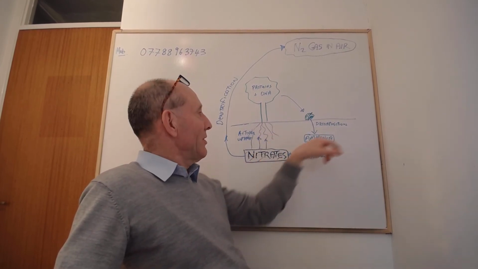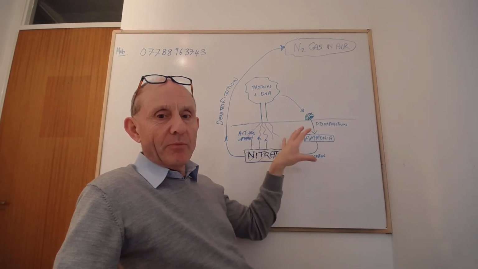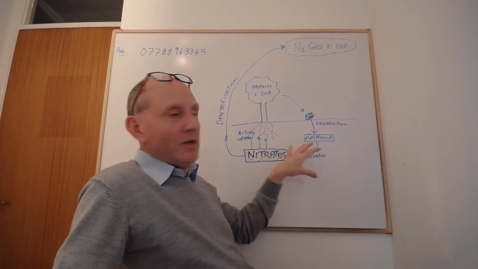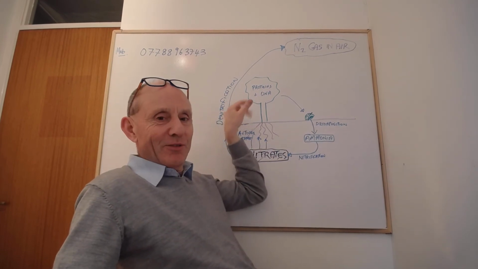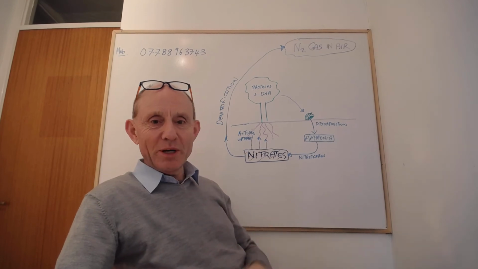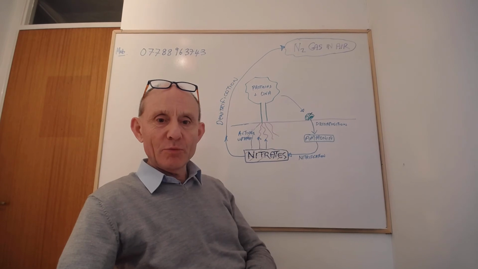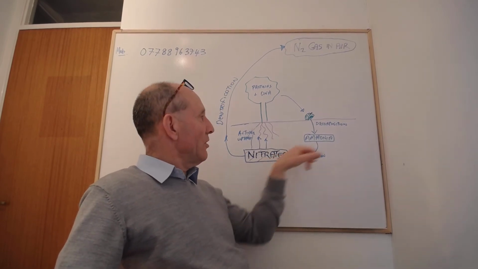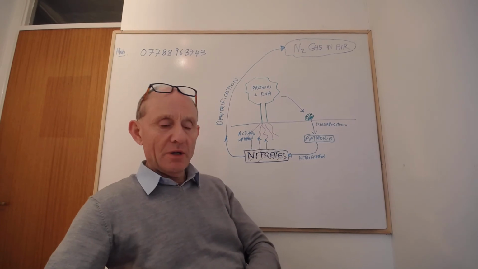The good processes that create the nitrates are all made better by lots of air in the soil, and at the same time lots of air stops this bad process that removes the nitrates. They want to keep the soils well aerated, which encourages these processes and discourages denitrification.